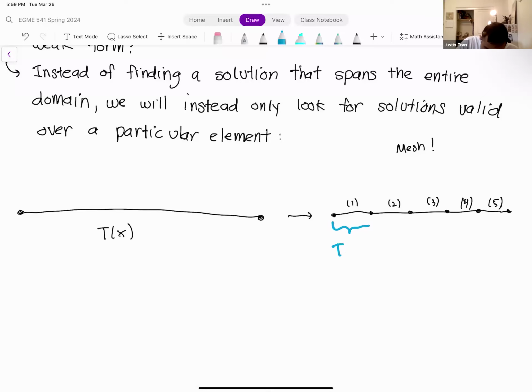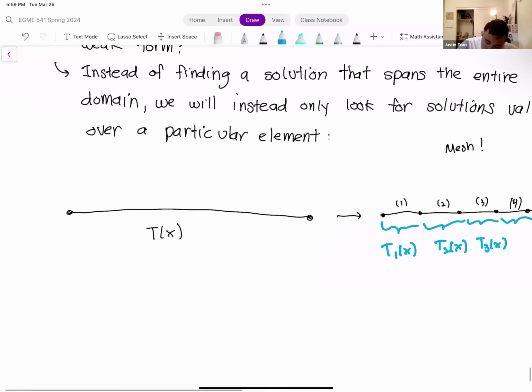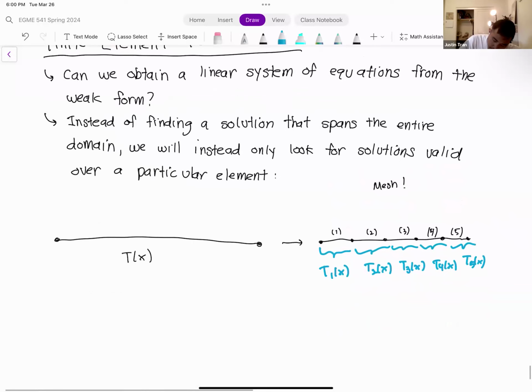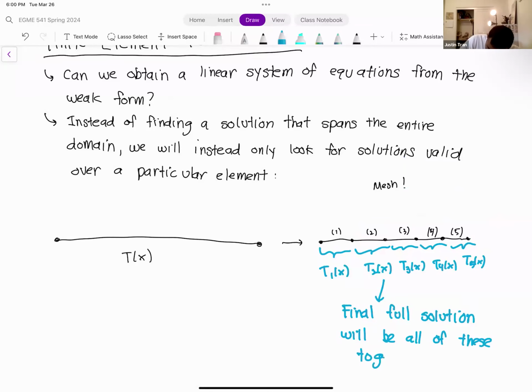So for this element, we'll have T1 of X. This element here will have T2 of X. This element here will be T3 of X, T4 of X, T5 of X. And so our final solution from the finite element form will be to paste together all these different elemental solutions. Okay, so that's the difference there.